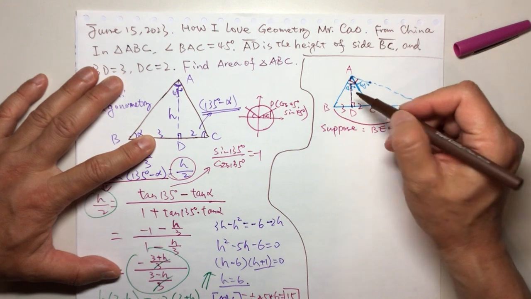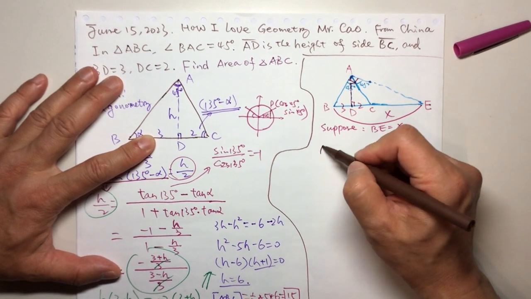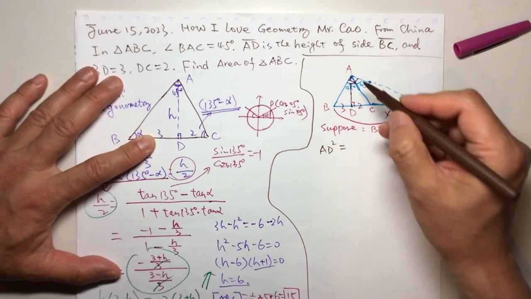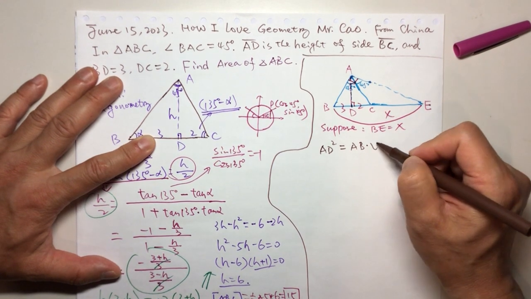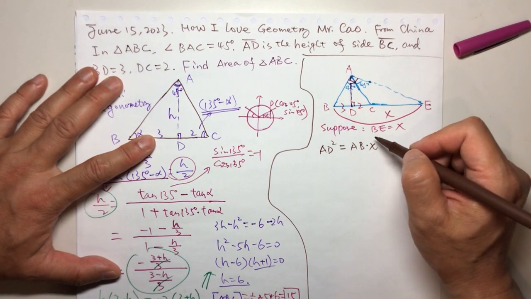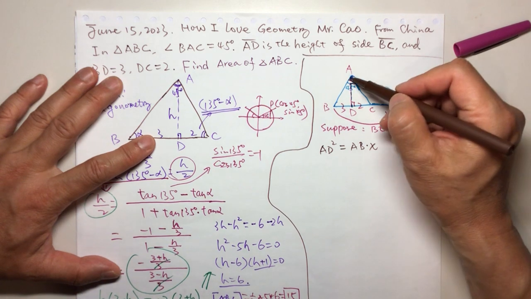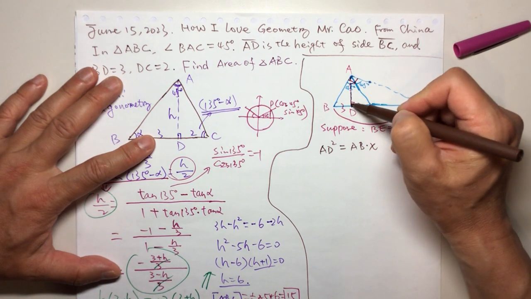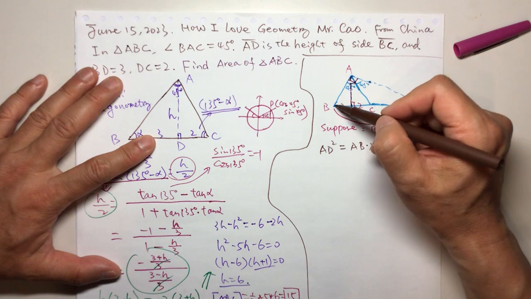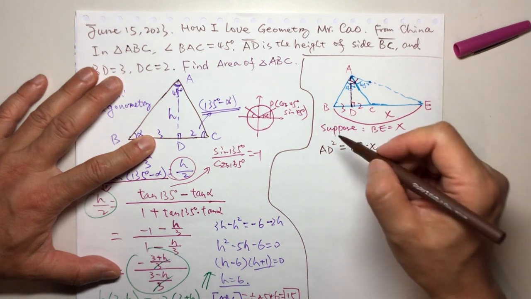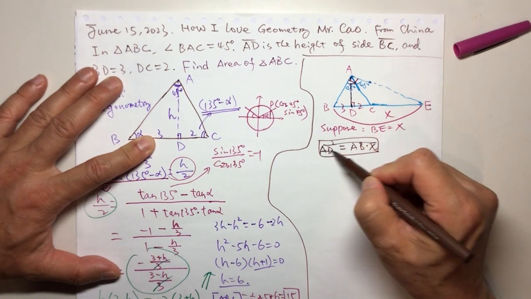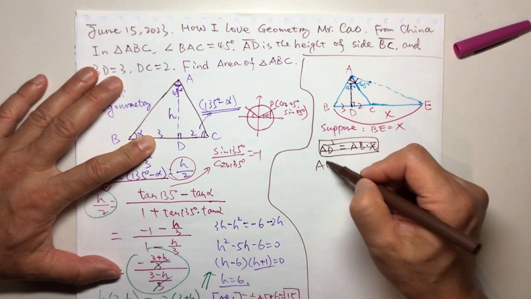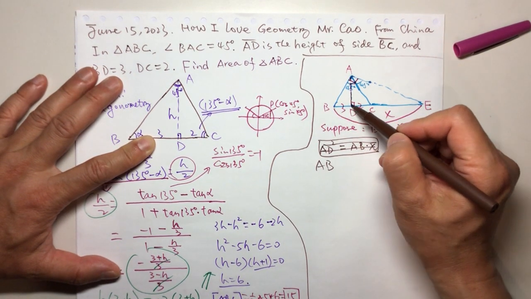BE is x, so we know AD squared equals AB times x, right? I mean AB squared, because I want to use x and this.